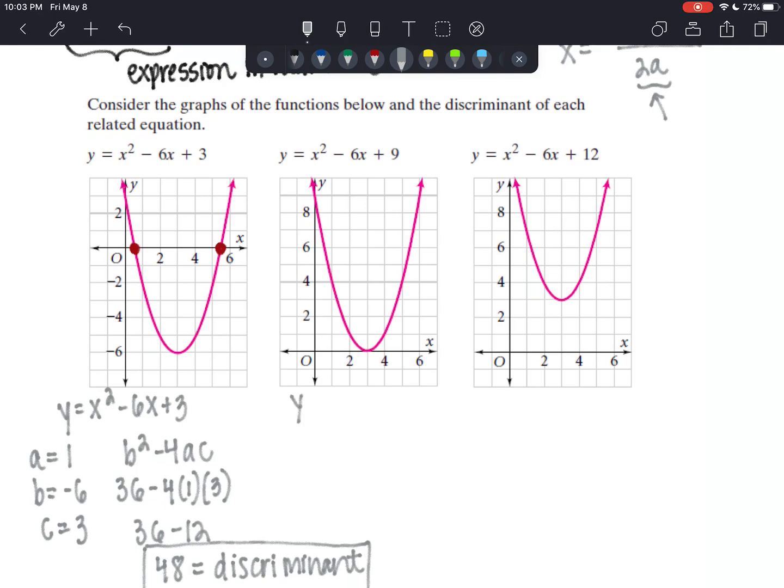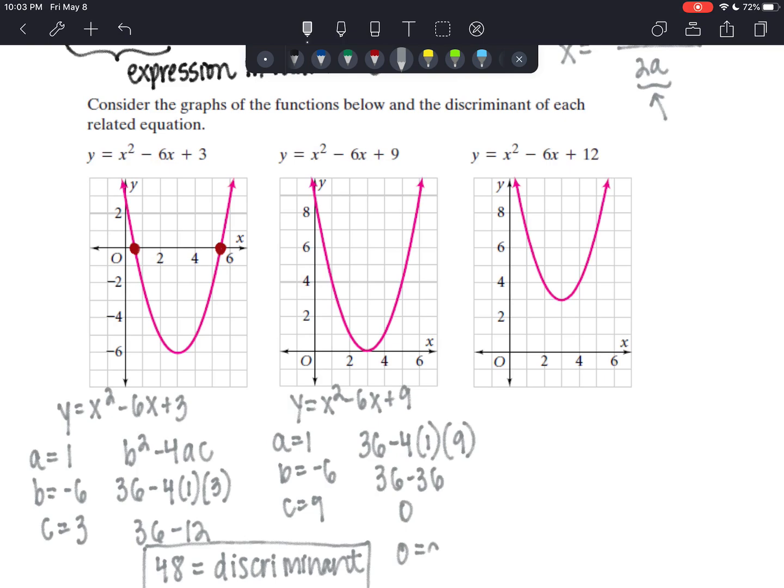Now the next one says y equals x squared minus 6x, this time plus 9. So a equals 1, b equals negative 6, c equals 9. B squared would be 36 minus 4 times a times c. I get 36 minus 36, which is 0.